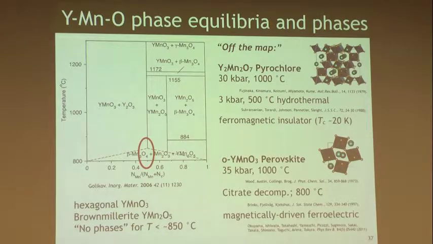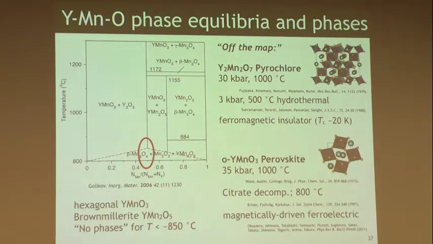If we look off of that phase map, we can see that yttrium and manganese form a pyrochlore phase under 30,000 atmospheres of pressure, 1,000 degrees Celsius, or under fairly gnarly hydrothermal conditions, which involved perchloric acid. And this is a ferromagnetic insulator at 20 Kelvin.